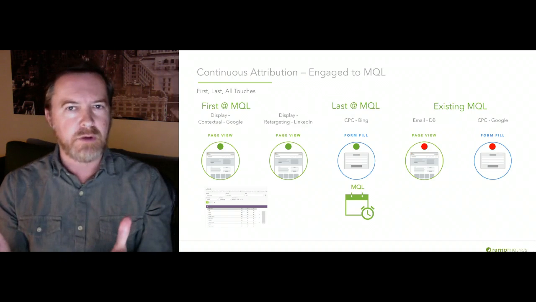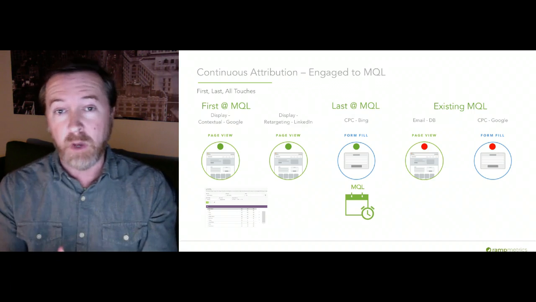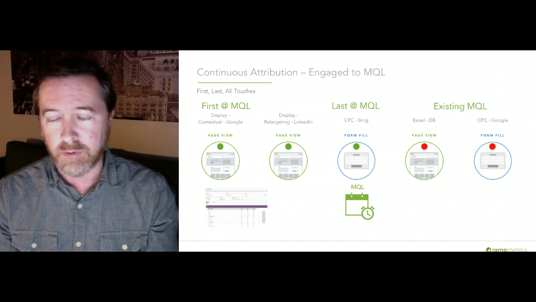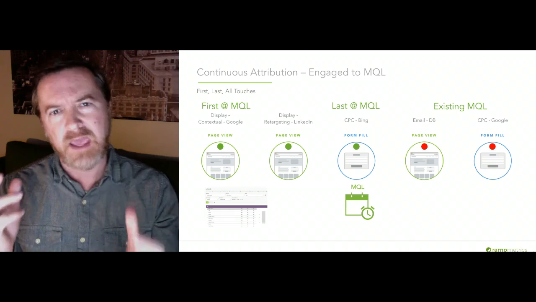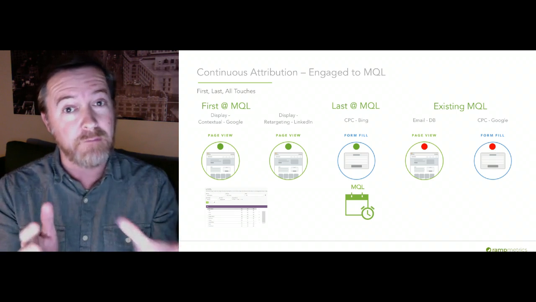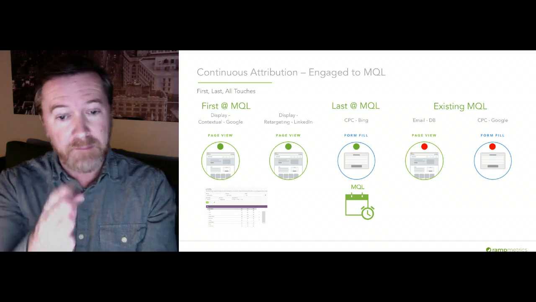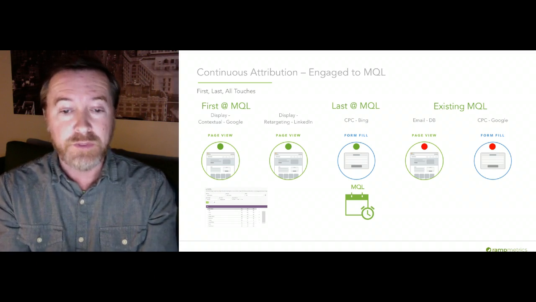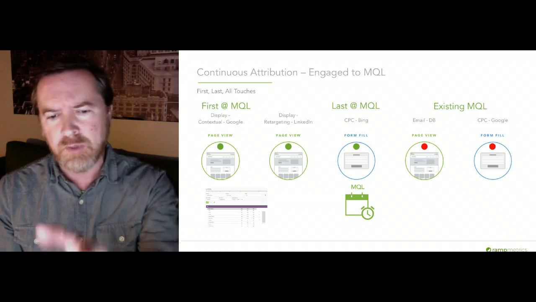Another thing that's really interesting is continuous attribution for MQL. It's a really common question that we've gotten for 5+ years as marketing analytics consultants: what was that campaign that tipped them over to be an MQL, or what was that first campaign for our MQLs? If you think of MQLs as a business milestone and you do attribution against that, one thing that's very dynamic about this environment is that the MQL threshold can be changing.